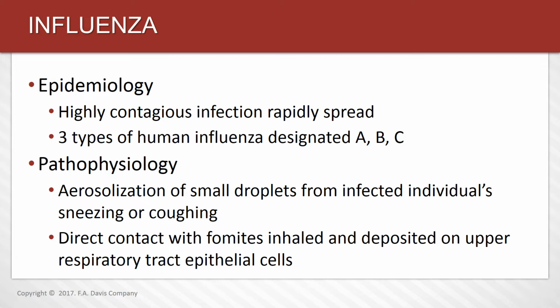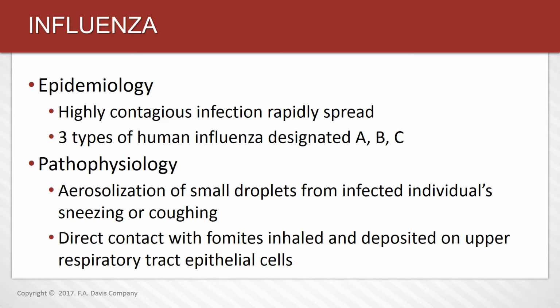So influenza type A is a virus that's divided into subtypes based on the differences in the viral proteins that they have, viral protein H and viral protein N. Influenza B is not broken down into subtypes, but can be categorized by different strains.